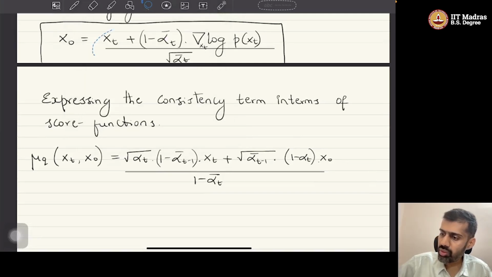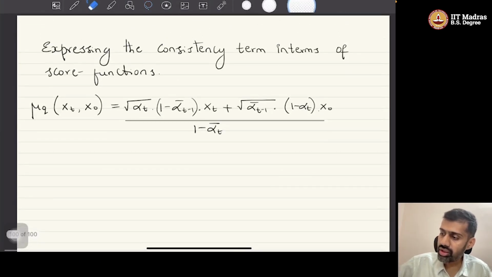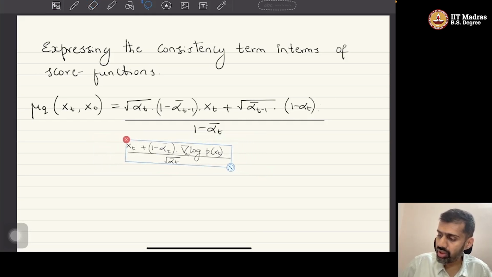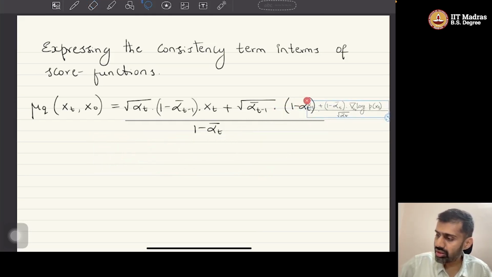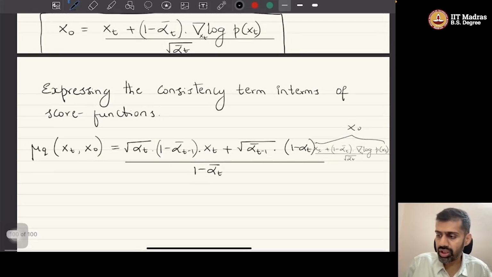So we wrote down x naught in terms of xt and the score function, which we have just derived using Tweedie's formula. Using the result above, that is what we do.